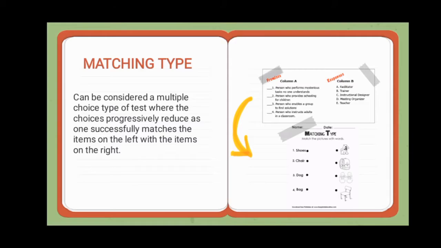So this is an example of a matching type of test. In the first column, the items are called premises, while on the other side, they are called responses. In the first column, the items are numbered, while the other side is labeled by letters.